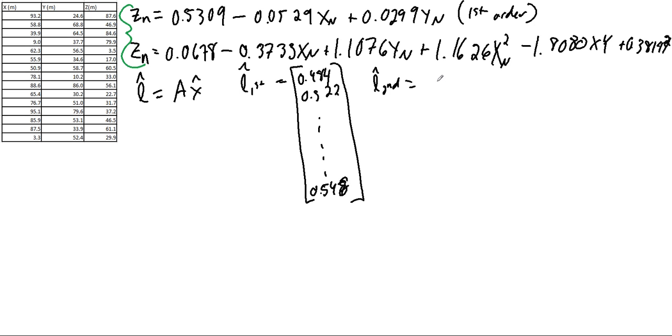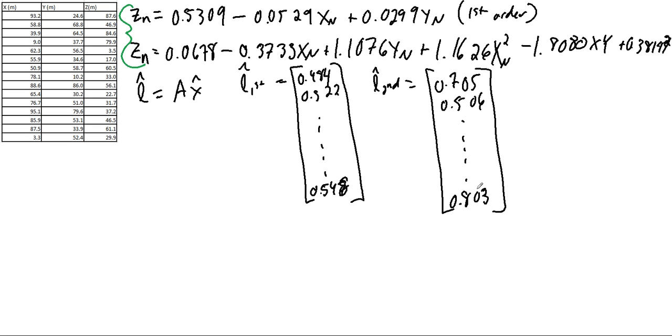So my second order looks very different. It's all 15 points, so 0.705, 0.506, some of them are close, all the way down to the bottom, which is 0.803. That's the second order. So these are normalized values. Now we want to denormalize them.